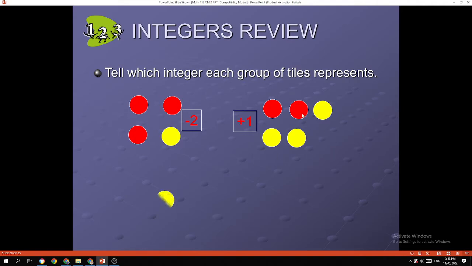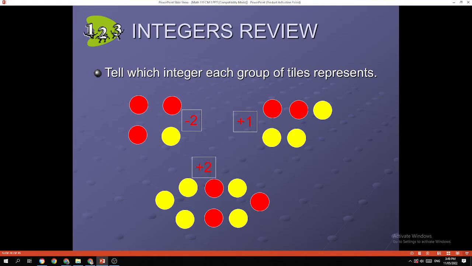What about this one? What integer is represented for this one? 2, sir. I heard Benny said 2. Is there another answer aside from 2?